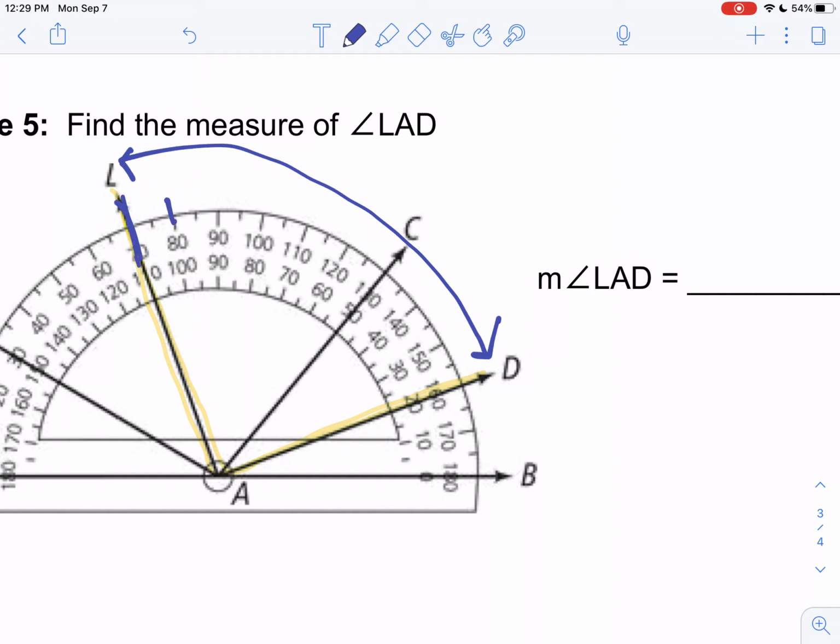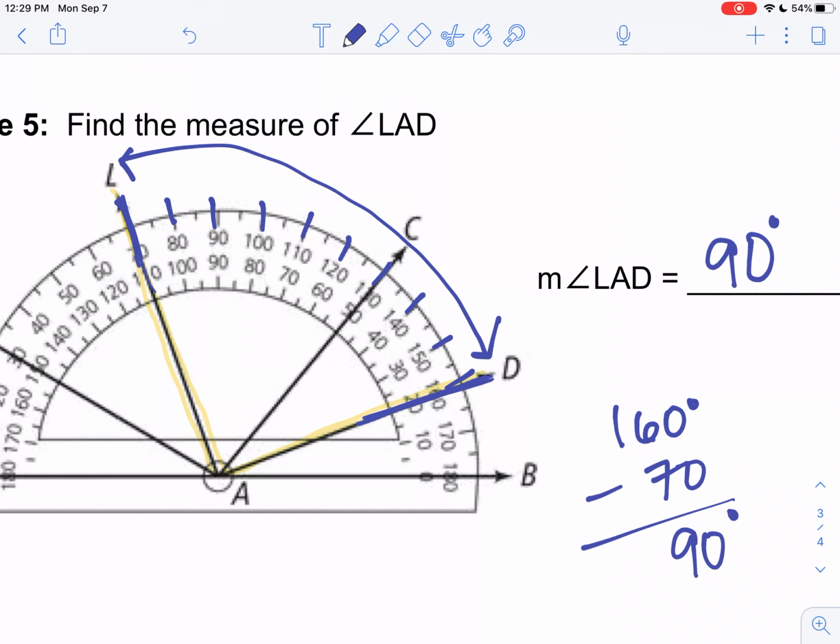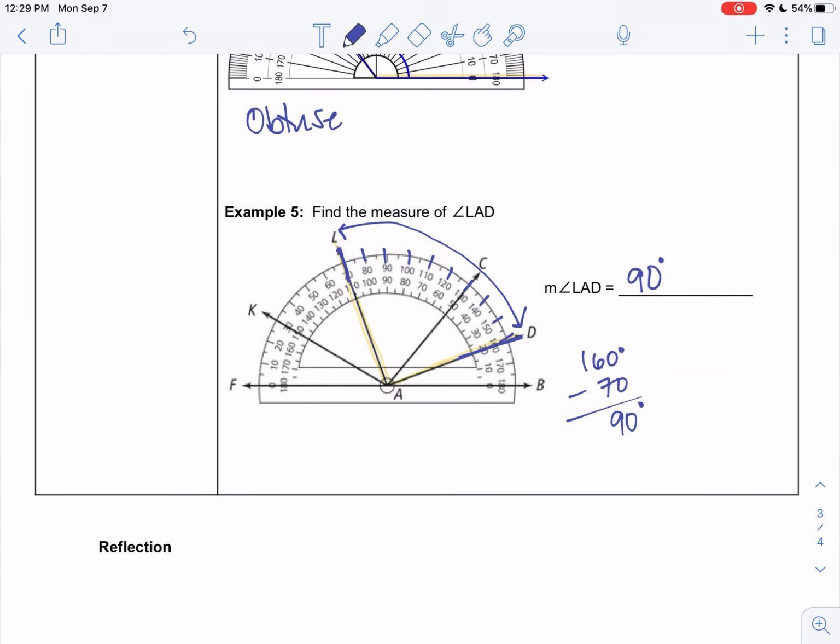To get to 80, 10, 20, 30, 40, 50, 60, 70, 80, 90. So the measure of angle LAD is 90 degrees. I could have also taken that 160 degrees that passes through where I find point D and subtracted 70 to get 90 degrees. All right, so that was our quick run through of measurement, some reminders there.